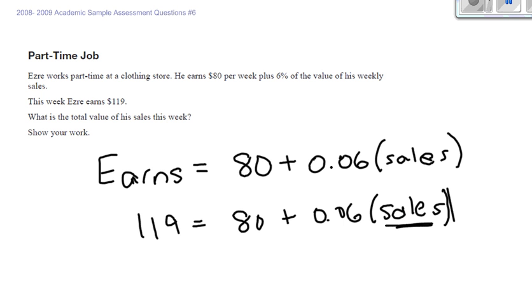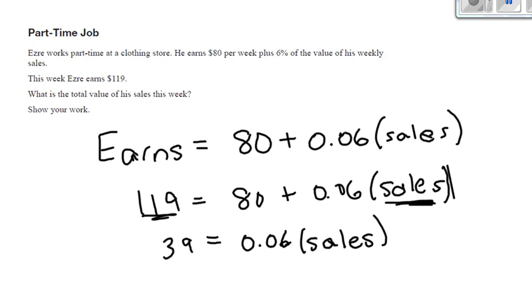So think about solving for this. I'm going to subtract 80 from both sides. So 119 minus 80 is 39. So that means once I get rid of the $80 that Ezra automatically makes, I know that $39 out of this 119 came from sales.